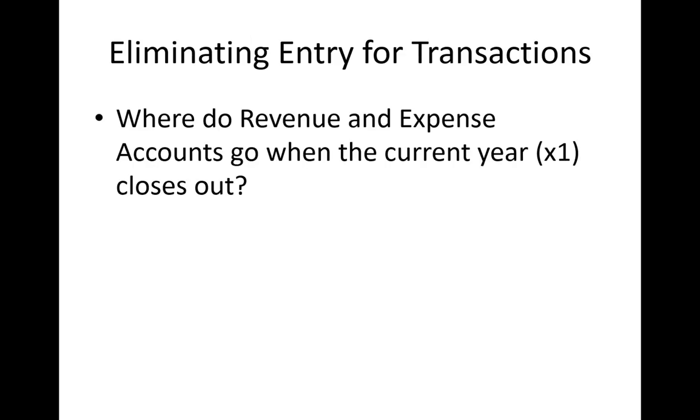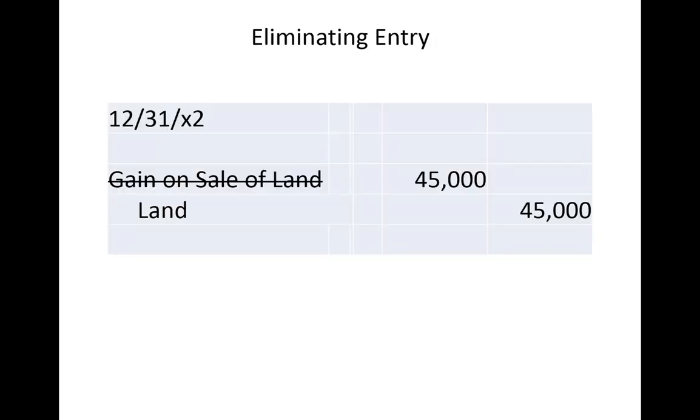Where do revenue and expenses go when they close out? You should know by now that they go to the investment subsidiary account. So the gain on sale of land is a revenue/expense account. So what we're going to do is, since we must continue to make this EJE because we still hold the land, we're going to have to make this EJE each and every year until the land is sold.